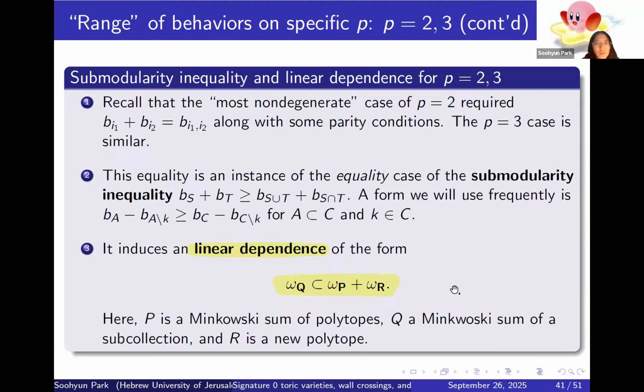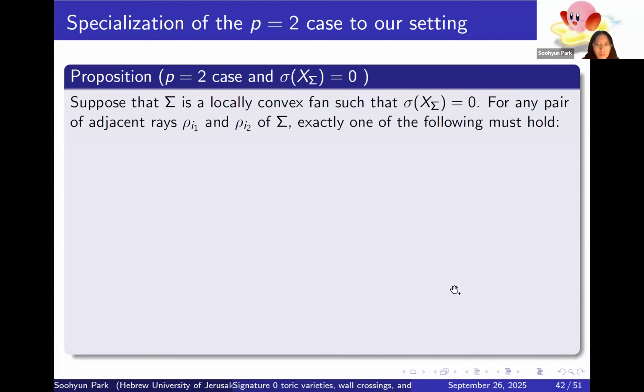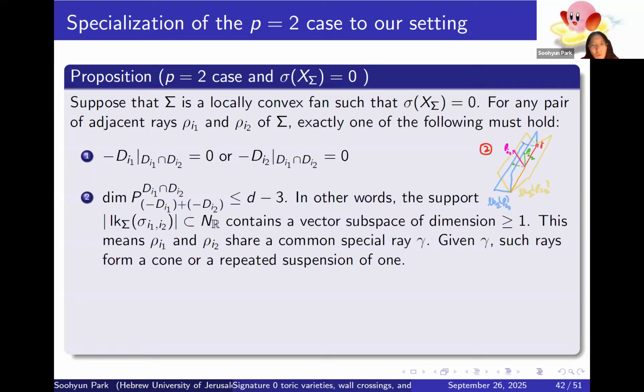Another specialization here is: either we have this trivial situation locally, where you have things that are partially stretched out and partially bent in a convex way, or you have something like the situation in part two, where these two rays, which are adjacent to each other, share a common special ray like this.